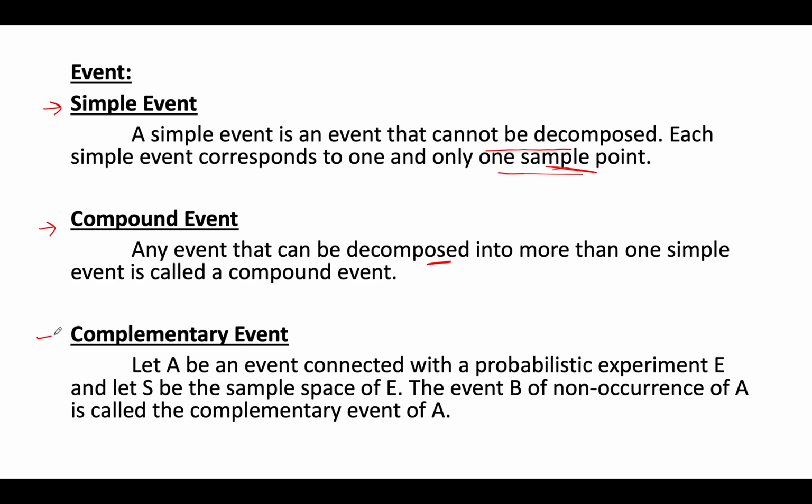A complementary event: if I have A as an event connected with a probabilistic experiment E, and S is the sample space of E, then the event B of non-occurrence of A is called the complementary event of A, something like A complement, which is all the outcomes that occur in the sample space and not in A. And again, we will see an example to understand more about those events.